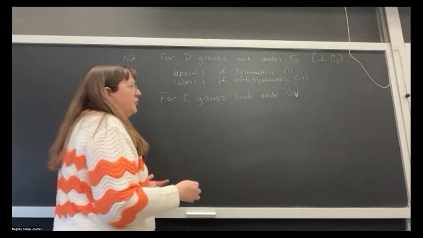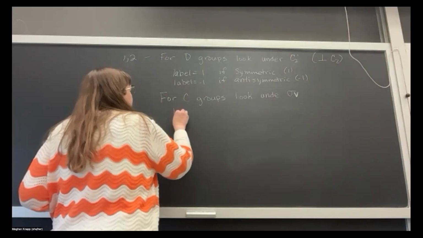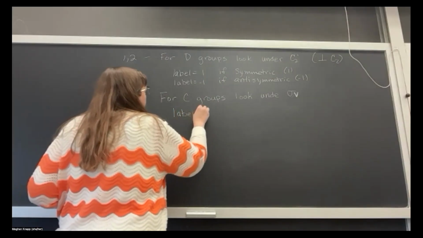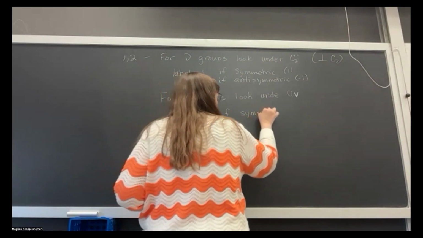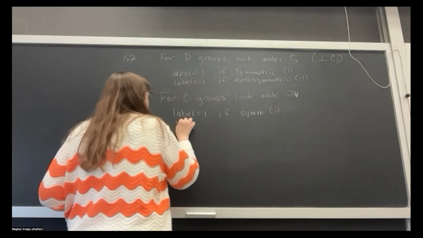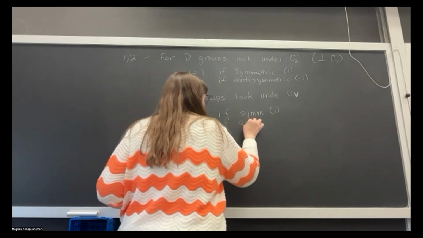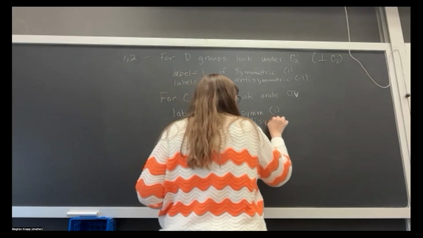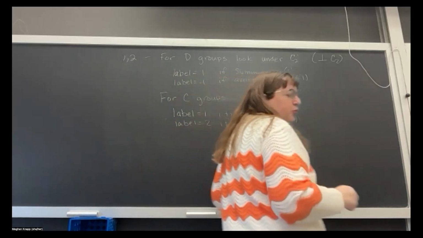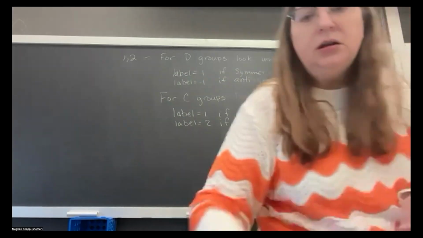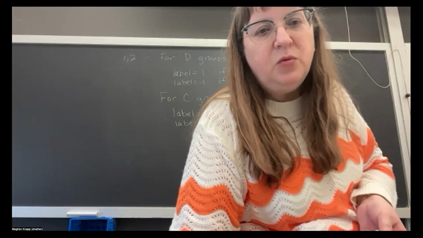If I look under one of the vertical mirror planes, usually the one listed first, if there's multiple ones, the label will be 1 if symmetric. Label will be 2 if antisymmetric. So if we look at water's group C2V, there's an A1, an A2, a B1, and a B2.